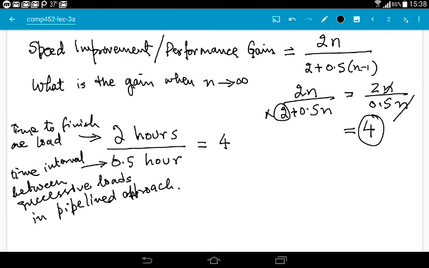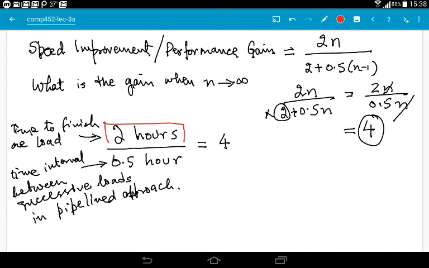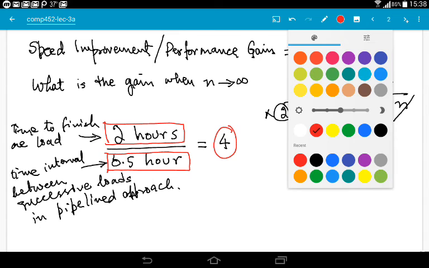So this is the time to wash one load, and this is the time interval between completion of successive, consecutive loads. Okay, and this is the gain that we get through the pipelined approach.